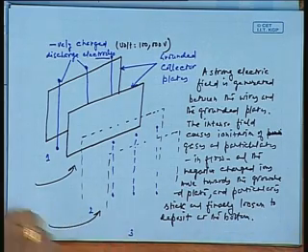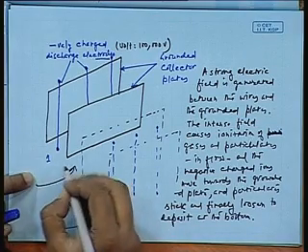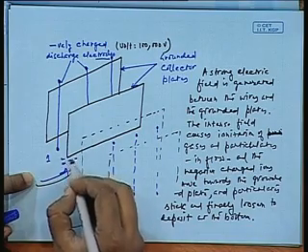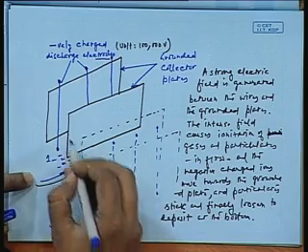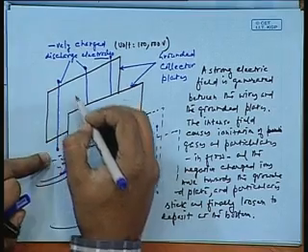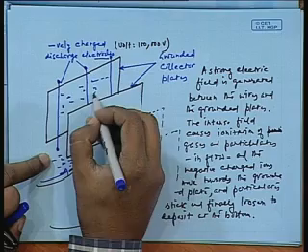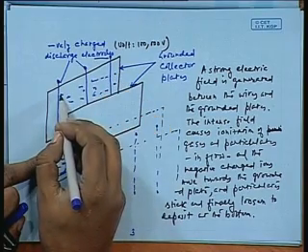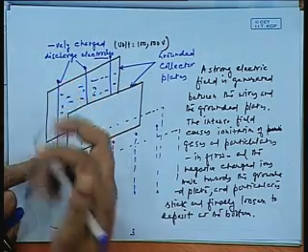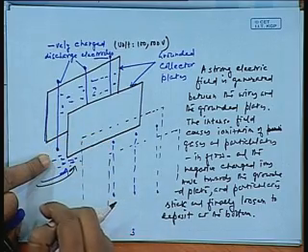Let me explain this. The air that is moving in, having gases, is passed through these negatively charged discharge electrodes. As they pass through here, they get ionized. As they get ionized, they would be repulsed from the negatively charged poles and move towards the relatively positively charged grounded collector plates.